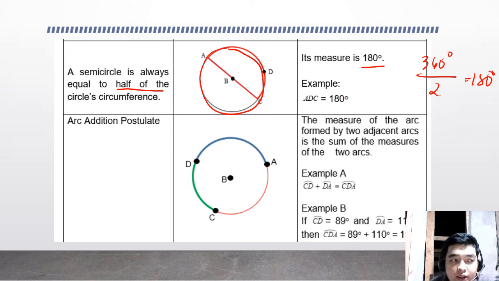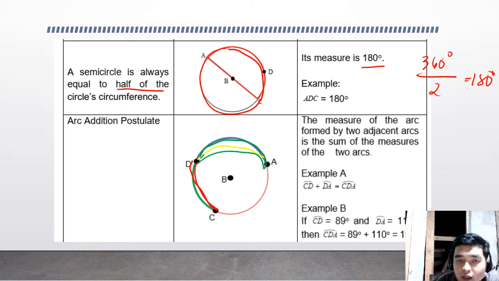We will also have the arc addition postulate. The measure of the arc formed by two adjacent arcs is the sum of the measures of the two arcs. For example, we have arc CD, this one, plus arc DA.